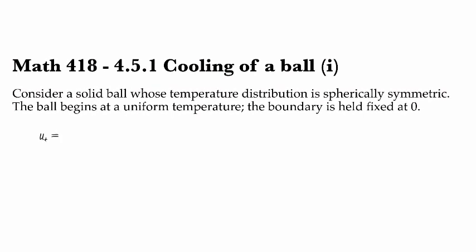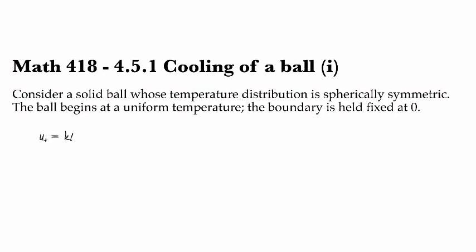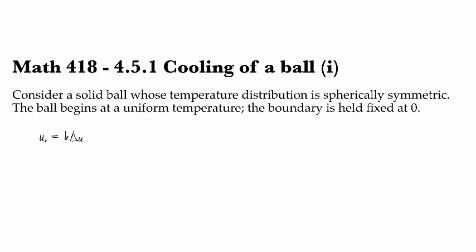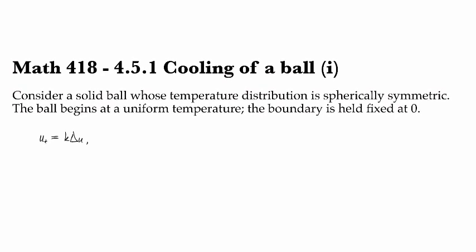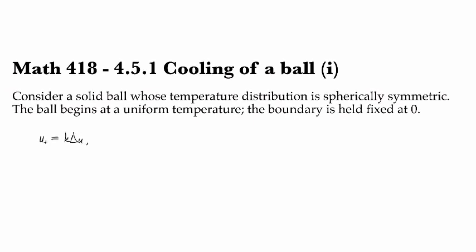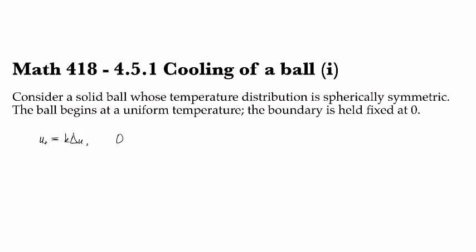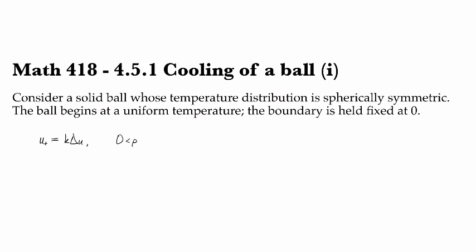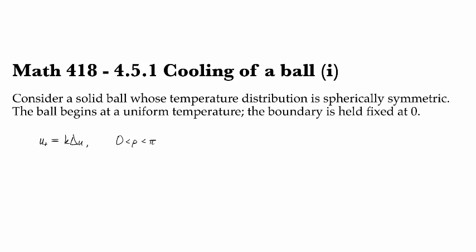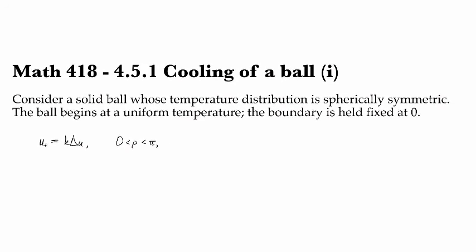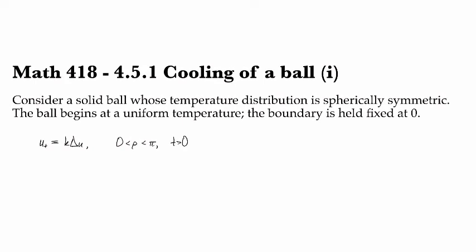We've got u_t equal to k Laplacian u, and we will think of this as a spherical Laplacian, and we'll take the radius rho varying from 0 to pi. Pi will just conveniently make things a bit simpler.